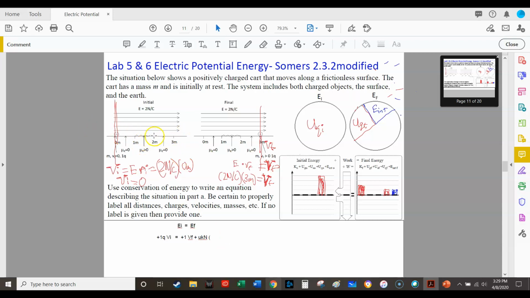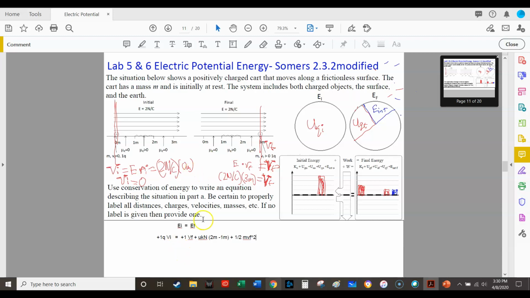Well, the distance was 2 meters minus 1 meter. Okay. And this is going to be plus the final kinetic energy, which is 1/2 mv final squared.